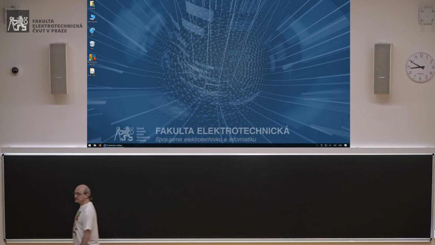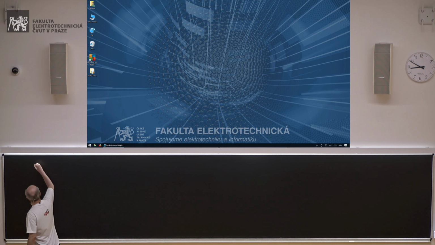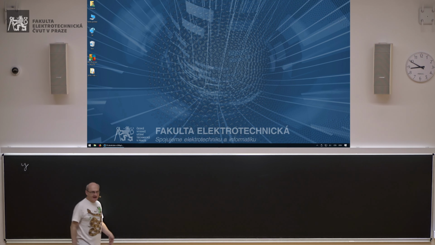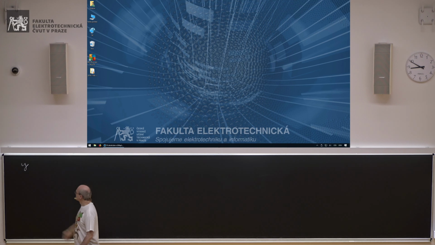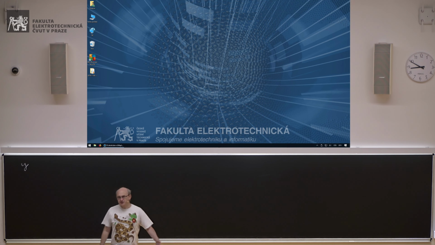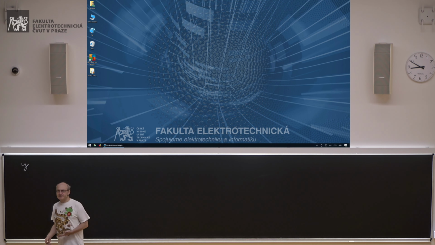So let's have a look at it, and we will use Y to denote the amount of money that you have. So that's our wealth. And of course it changes in time, most likely. So Y is a function of time. The more money you have, the more money you make. Okay, what does it mean, making money? Well, when you make money, it means that your wealth increases.